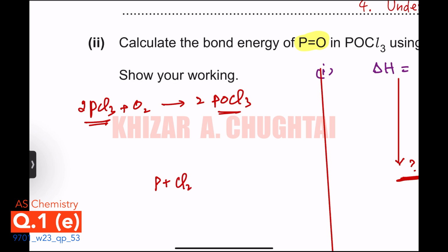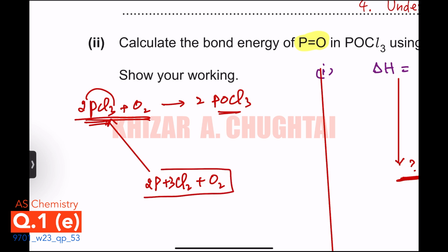Phosphorus plus Cl2 plus oxygen. For the sake of balancing, especially balancing this left hand side, I need 2 phosphorus, I need 6 Cl atoms overall, 3 2s are 6, and 1 oxygen. Okay, closed. This is the one packet of elements that is making POCl3 and O2 as well.